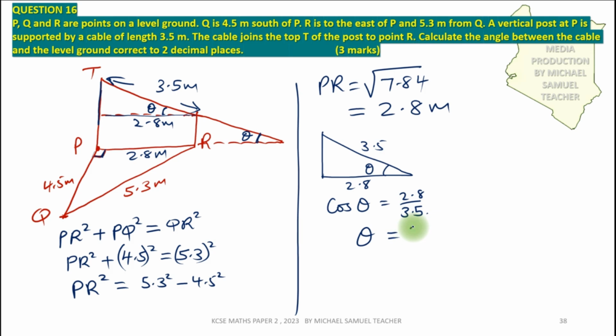So theta will be equal to cosine inverse of 0.8. Therefore theta is equal to 36.87 degrees. So that is the angle between the cable and the level ground, to 2 decimal places.